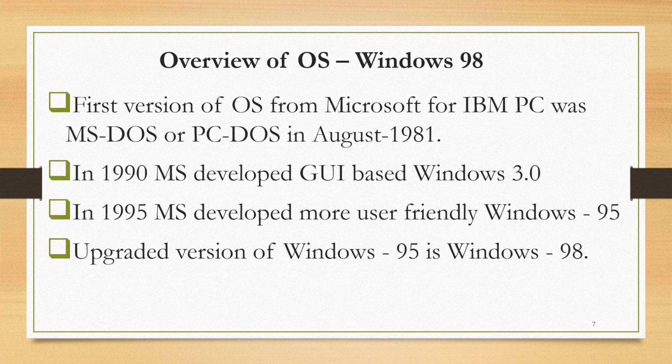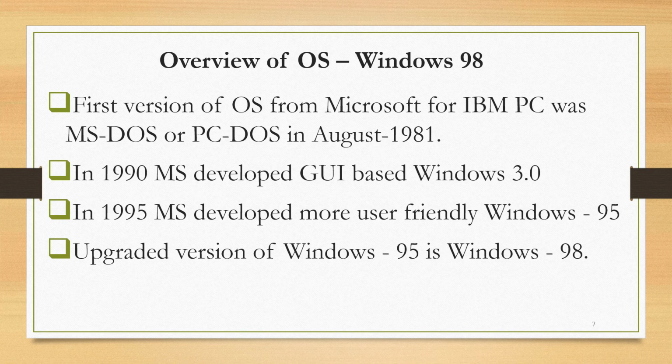This operating system has a lot of limitations. Mostly it was dealing with text data. So after around 10 years, Microsoft developed Windows 3.0. Windows 3.0 is a GUI OS, that means graphical user interface.